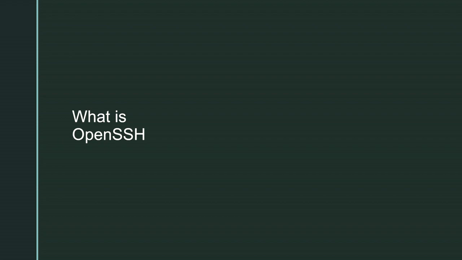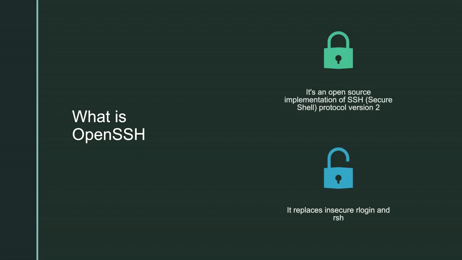Okay, now let us try to understand what is OpenSSH. OpenSSH is basically an implementation of the SSH protocol. It is an open source version of the SSH protocol implementation. Currently the version that is utilized on the servers is OpenSSH version 2.